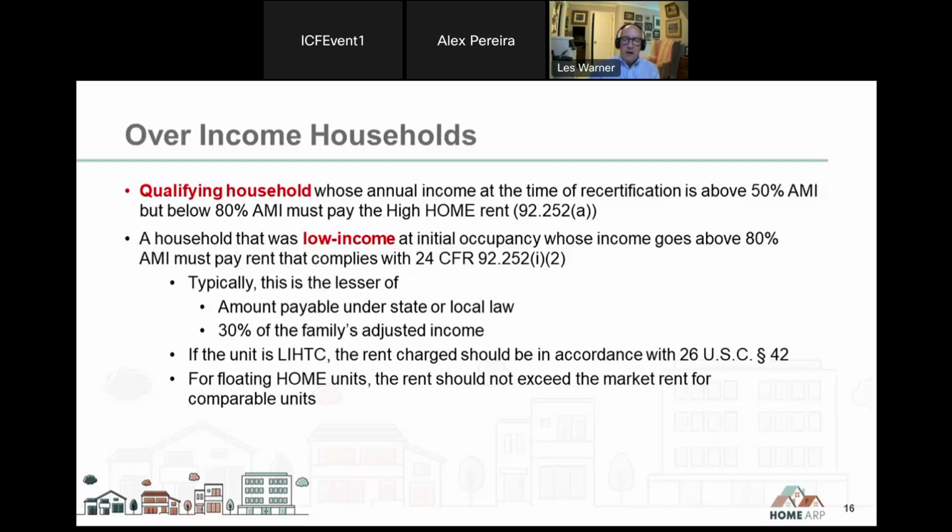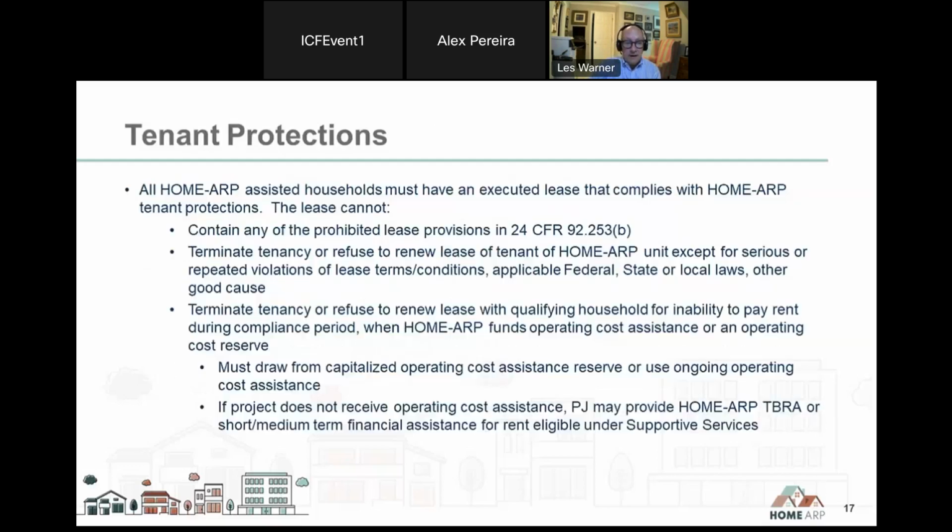So just keep in mind all the rules, if you've worked with the HOME program and rental that you're familiar with, these are going to also apply for your low-income units, and the actions that you would be taking as you recertify and find that incomes have gone up or down.